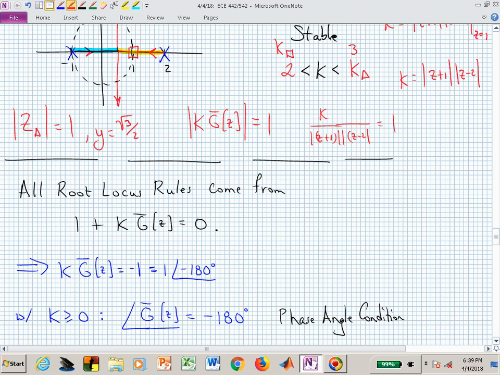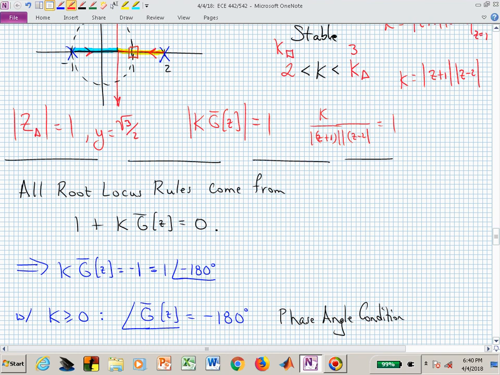This should not come as a surprise to you. What is 1 plus kg bar of z? Where is that? Where did that come from? And the answer is, Alex, the denominator of the closed loop transfer function. Right?